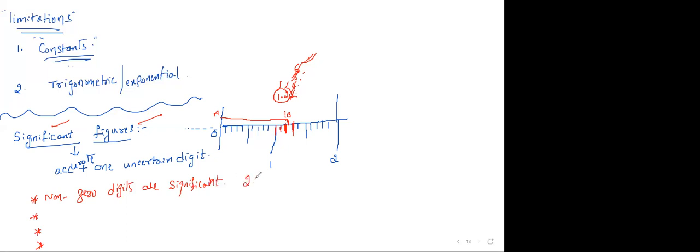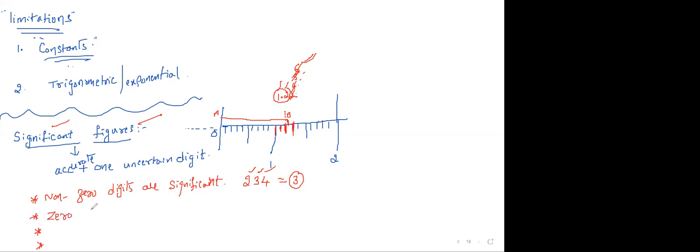So what is the significant figure for 234? 3. Just count the number of digits we have here. 3. So that is the significant figure.